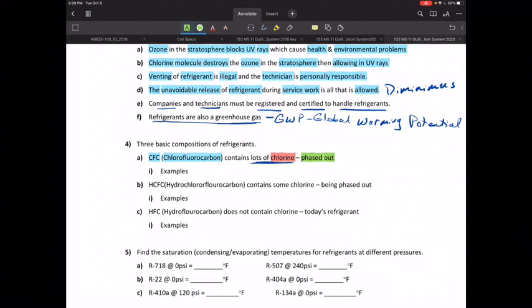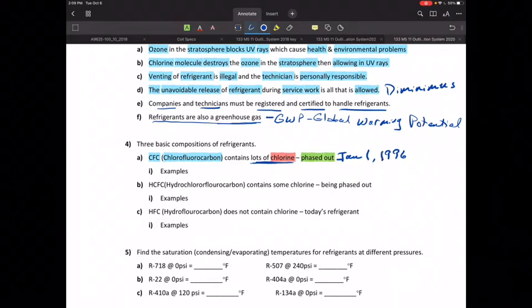The rule is that as of January 1, 1996, you could no longer produce those, and anything that was used was really just things that were already produced. There was no production at all, and I'll just put that date on here, for what it's worth. The date on here is phased out, January 1st, 1996 is when they phased it out.